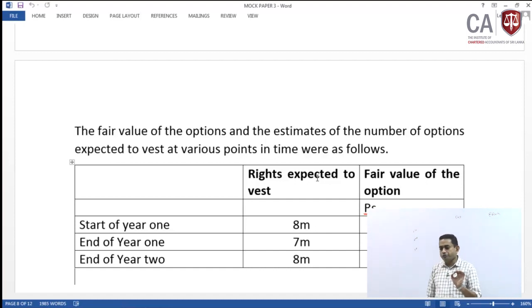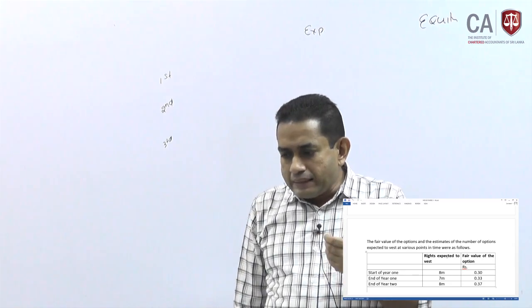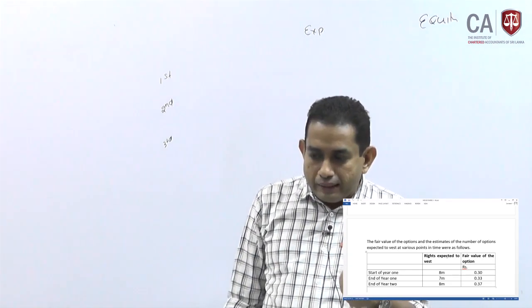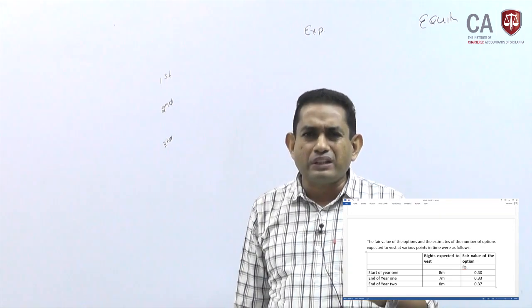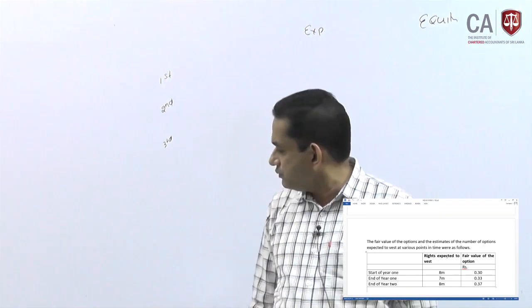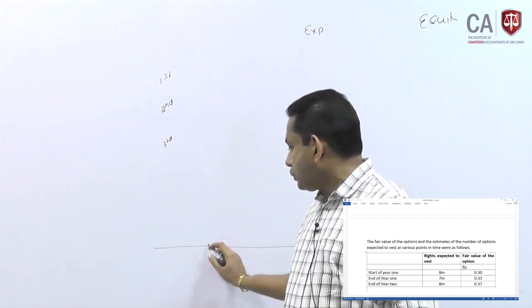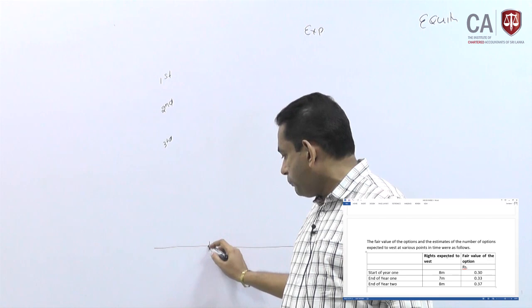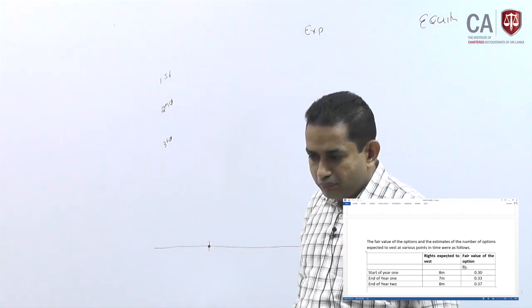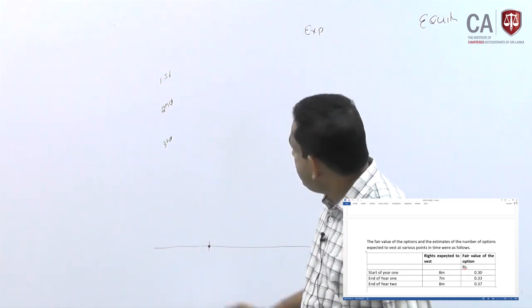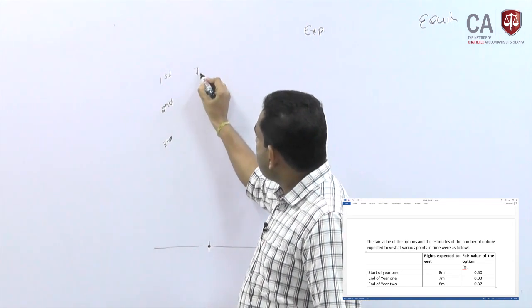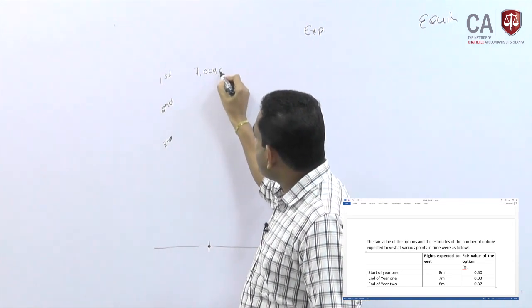The number of options to vest as estimated at the beginning of year 1 is not required. So, you should look first at the number of equity items expected to vest at the end of the first year. What is your estimate? It is 7 million equity items to vest.